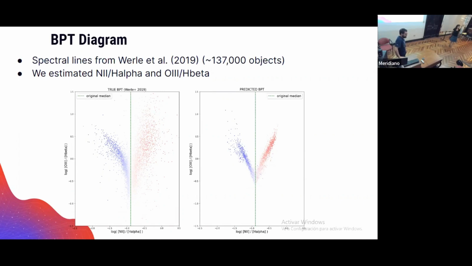But then we decided to verify whether the network is able to predict the emission lines and their properties, in particular the equivalent width, and it does. So the network doesn't see anything about the emission lines, but it predicts the equivalent width of the emission lines if the spectrum is that one.